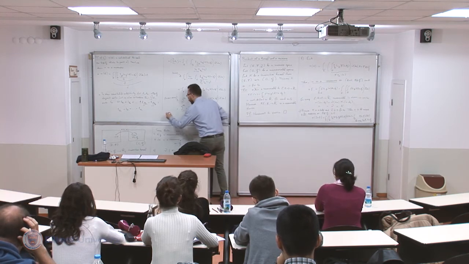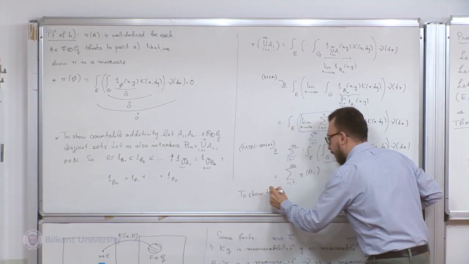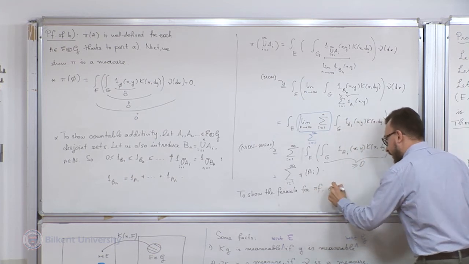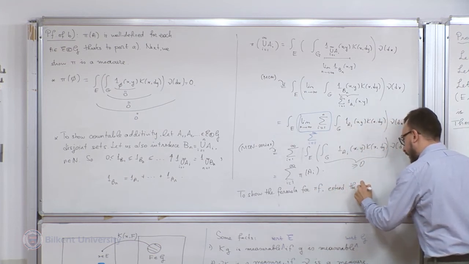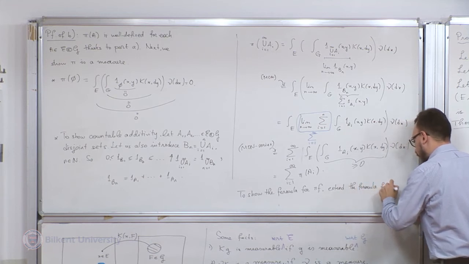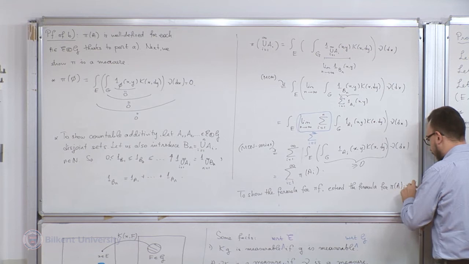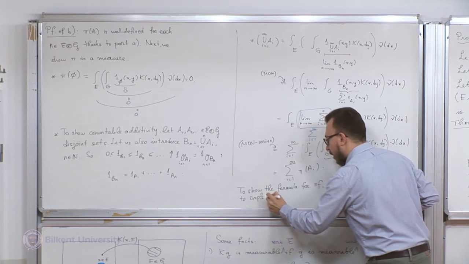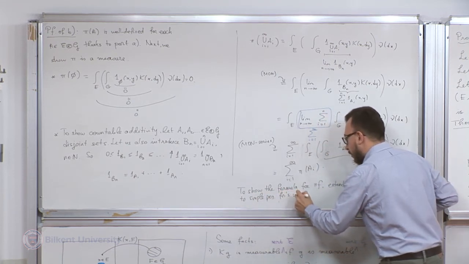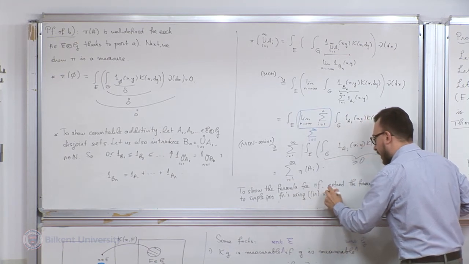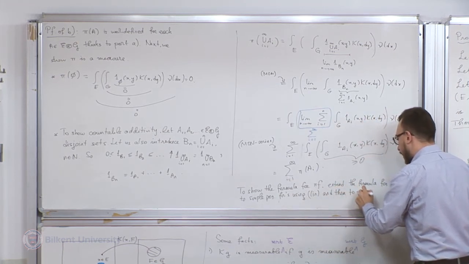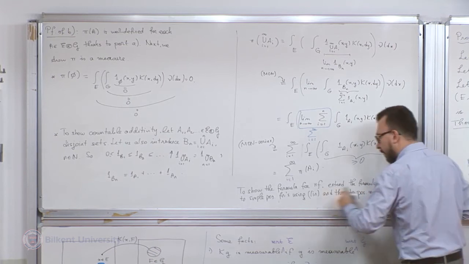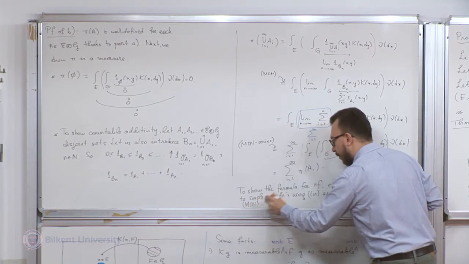Well, to show the formula for pi f, extend the formula for pi A, which is nothing but pi of the indicator of A, to simple positive functions using linearity, and then to positive measurable functions using the monotone convergence theorem. I leave the details for you.